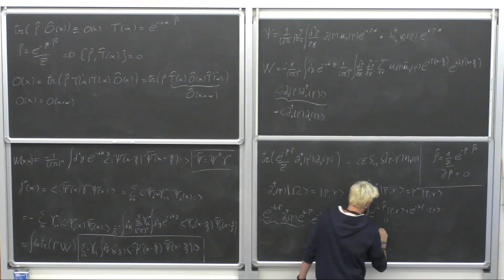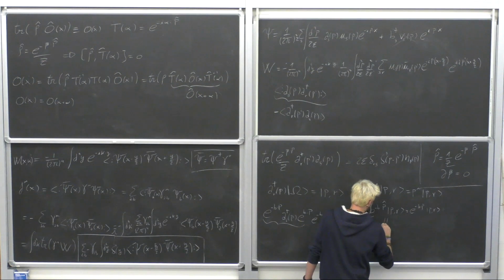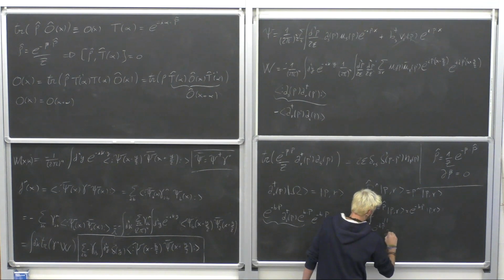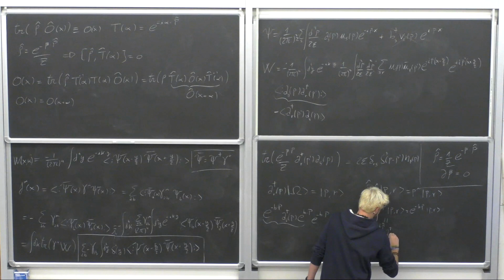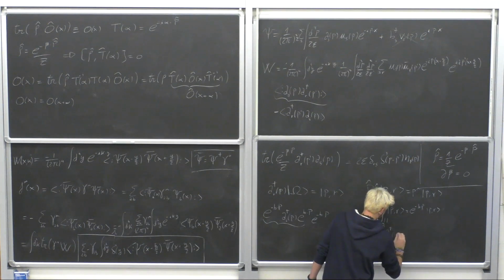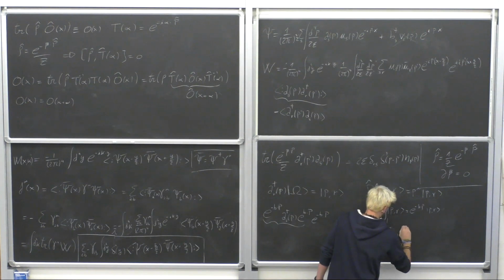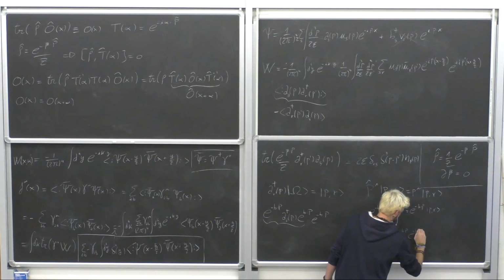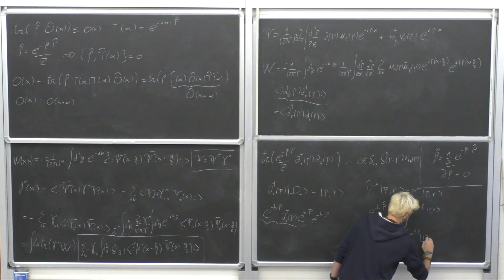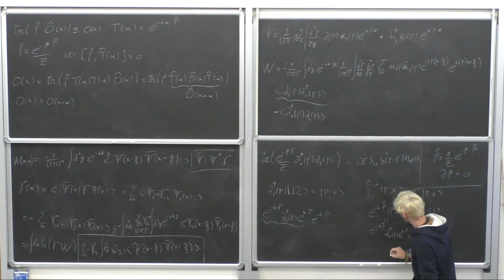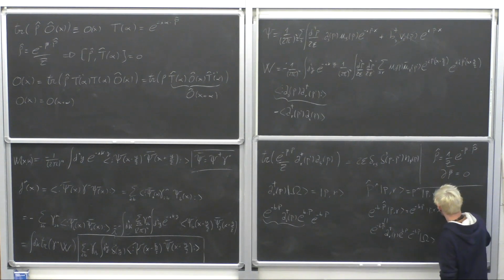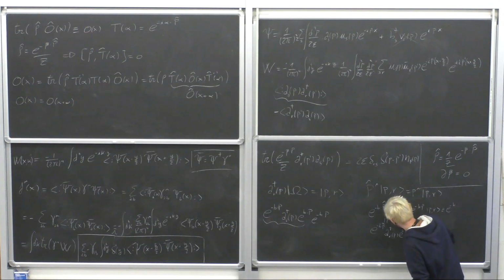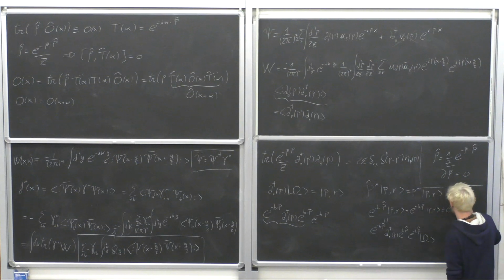This is equal to e^{-βP} a†_r(p) e^{βP} e^{-βP} |Ω⟩. And this is just e^{-βP̂} and a†_r(p)|Ω⟩. Sorry, I had to put the hats, otherwise it's not clear.